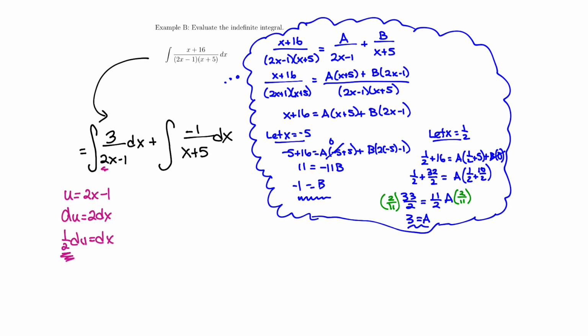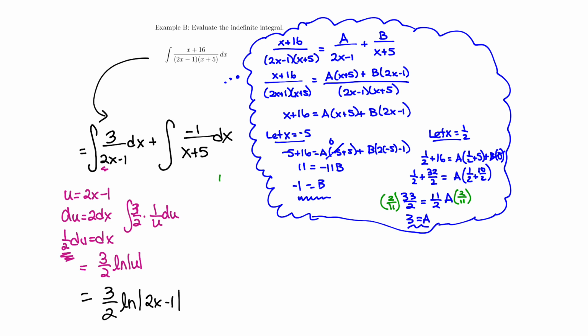So when you're making your U substitution for that first part, you should have 1/2 times 3, or 3 halves, times 1 over u du, which is just going to give you 3 halves times the natural log of the absolute value of u for the first part. So that first part is going to be 3 halves times the natural log of 2x minus 1.